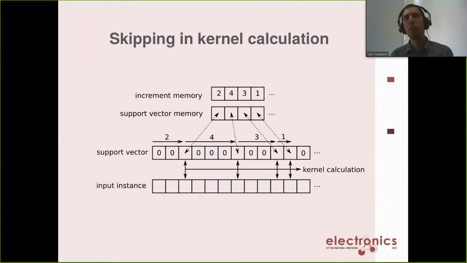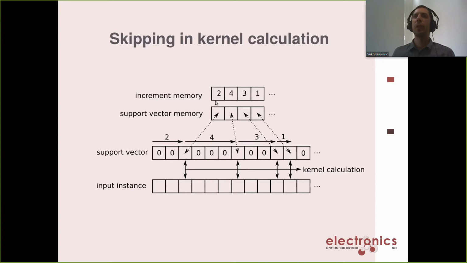And here is shown the main idea how zeros can be skipped during calculation. Inside increment memory, there are increments, and there are non-zero values of support vector machines stored in secondary memory. Then when dot product between support vector and input instance is calculated, every nth attribute of input instance is used for calculations.